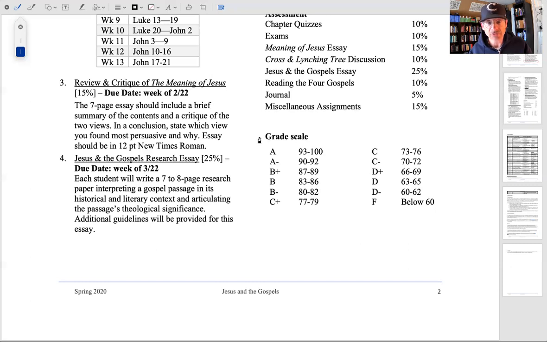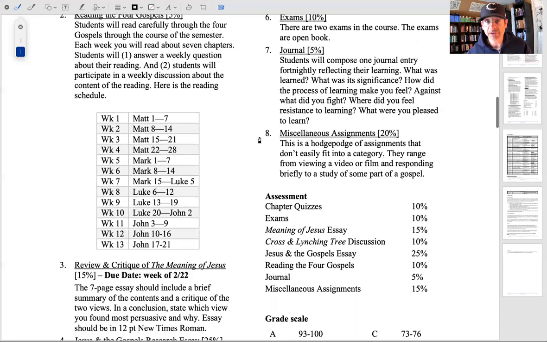Additional guidelines will be provided for this essay. So you're going to be given a passage from the Gospels that you will apply skills that you'll learn to interpret it and to express its theological significance. So that's what that assignment is about.